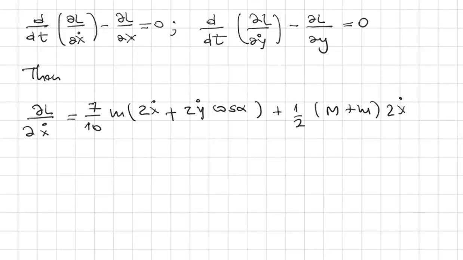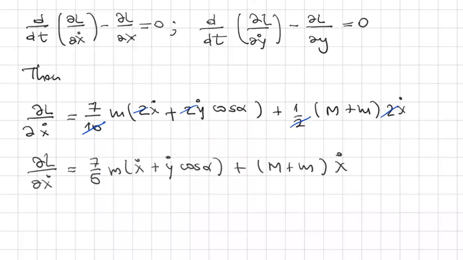Okay, so let's do some simplification here. We can simplify this 10 with this 2 and 2, and we can simplify this 2 with this 2 as well. Doing that simplification, we get the following equation. So what we did is this part, dL/dx dot, okay? Now we want to take the derivative with respect to time of dL/dx dot.